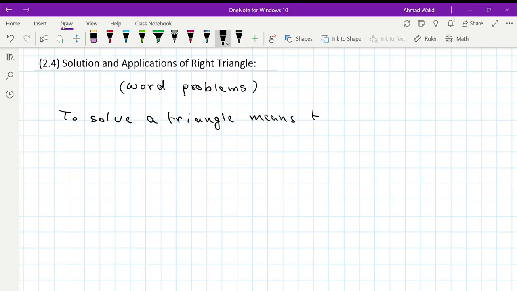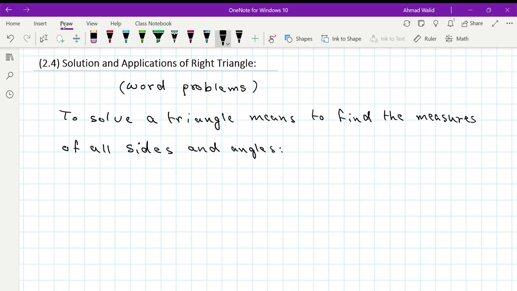It means to find the measures of all sides and angles. That's the meaning. When they tell you to solve a triangle, find all measures of all sides and angles, the ones that they are asking.